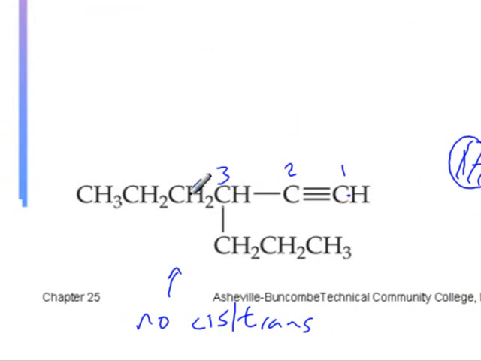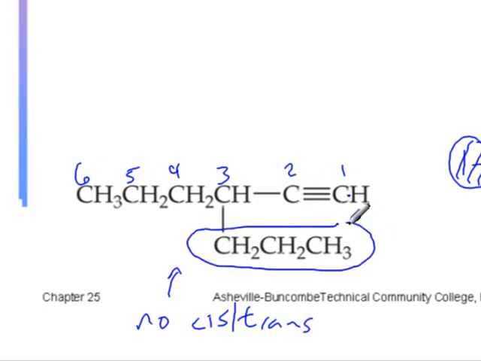This is the 3rd carbon, 4, 5, 6, 4, 5, 6. And again, like I said in the first presentation, it doesn't matter which of the longest carbon chains you number. In both cases, the longest carbon chain is 6, no matter which way you go. It'll still give the same name. So I'm just going to stick with along the horizontal here for the 6 carbon, the longest carbon chain.